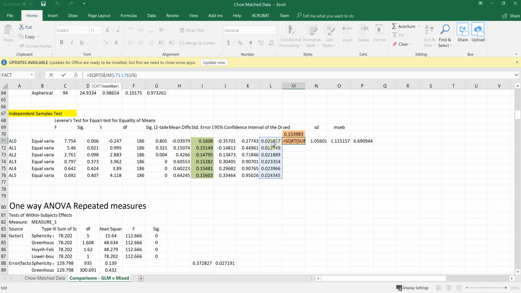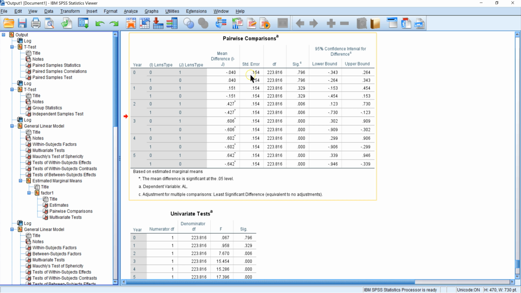So we're squaring the standard error, then we're summing it, dividing it by 6 for the number of tests we're doing. And we come up with around 0.15, 3 or 4. And in our output here, 1.154. So again, we see the mixed model uses the pooled error that is very similar to the independent, pooling the standard errors across the 6 separate independent t-tests.